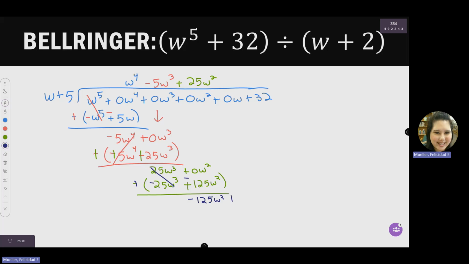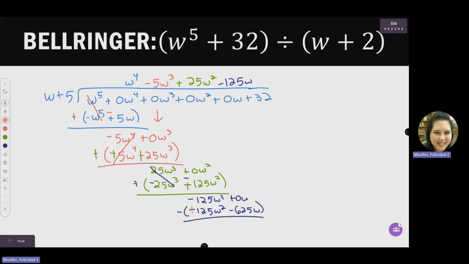Bring down 0w. I need to multiply by negative 125w. And we're going to get minus negative 125w squared minus 625w, which gets us, this flips our signs yet again.